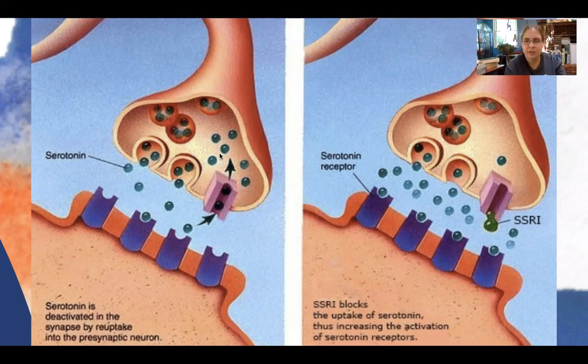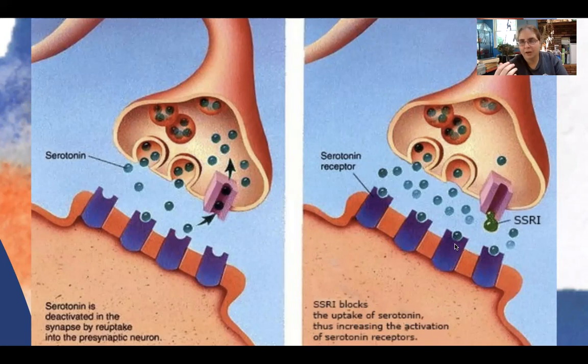How SSRIs work is they will actually temporarily block that reuptake channel. So that means that even if there's less serotonin being produced, it'll have more time to bounce around and thus more time to activate all of the receptors.